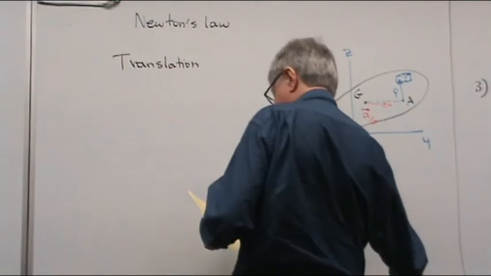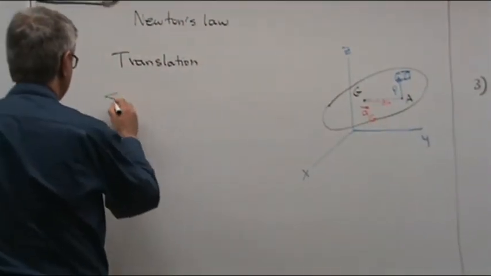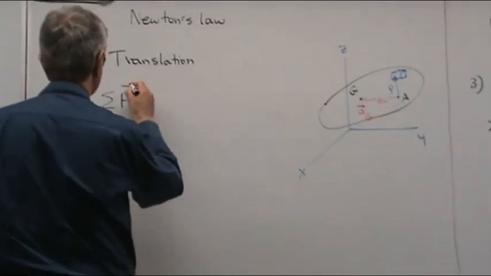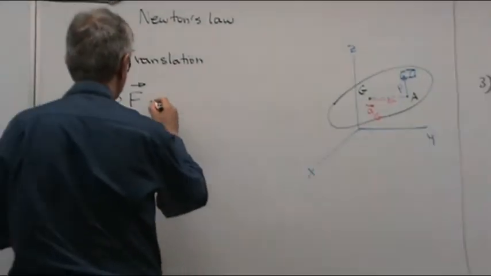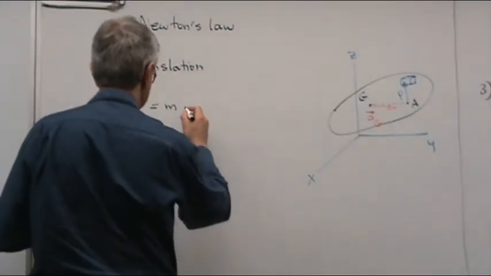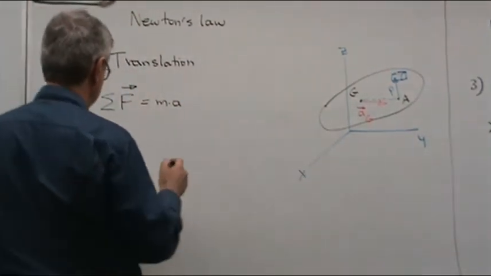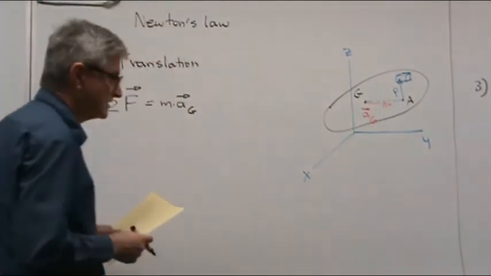Okay, so the equation for translation is that the sum of all the forces is equal to the mass times the acceleration, and we're talking here about the acceleration of the center of gravity, okay?